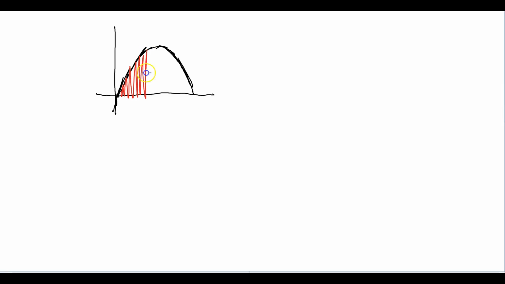Okay, so let's say you're given this function. You want to find the area of this region. So how would you write an integral expression? Okay, this is f of x equals sine of x. This is 0 and this is pi. So the area, you're going from 0 to pi.